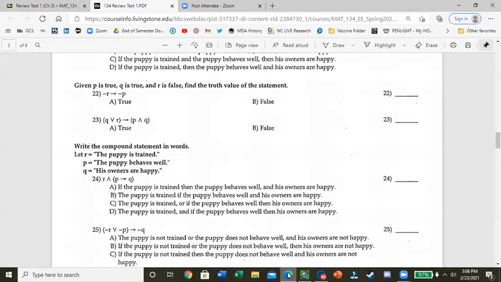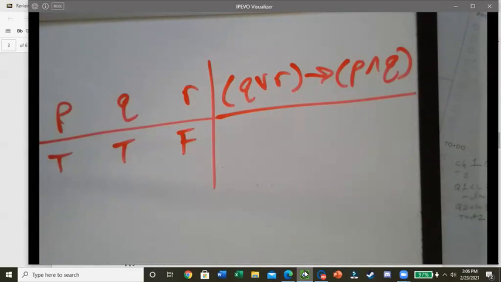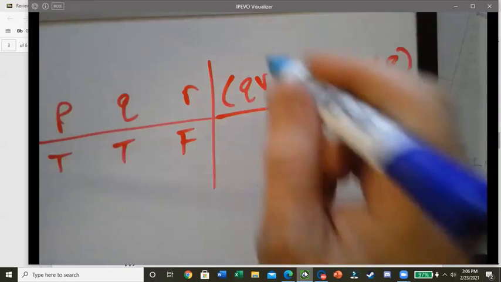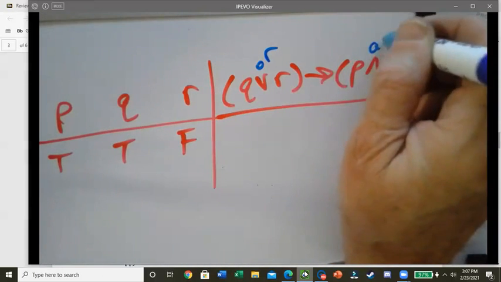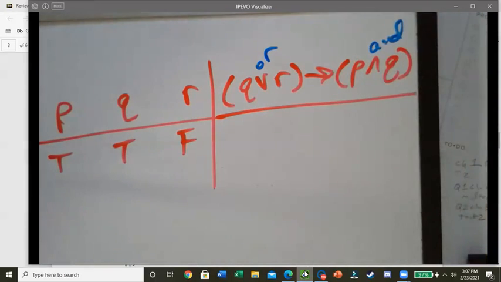Okay, so now if we're going to look at the next one, so P, Q, and R are still true, true, and false. And we have here Q or R. If Q or R, then P and Q. All right, so this is what we have. So it helps if we write or and and at the top before we start.